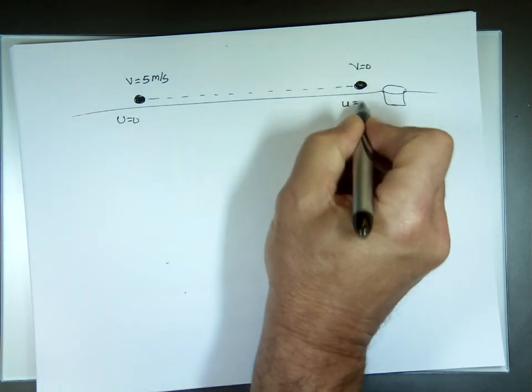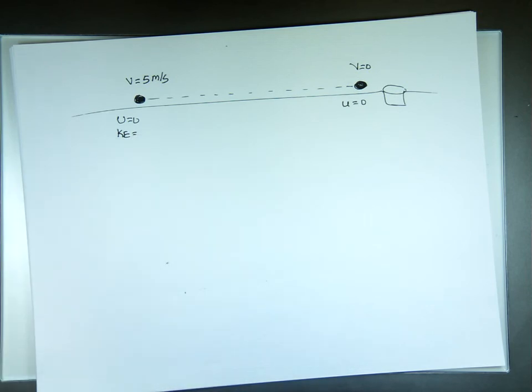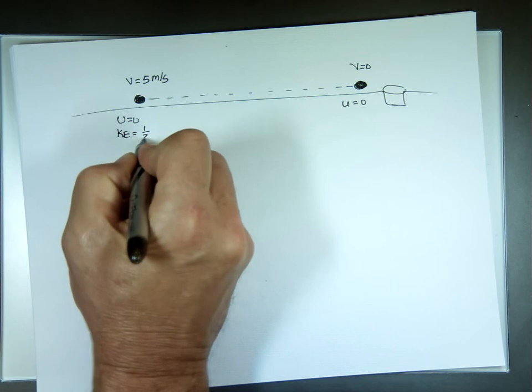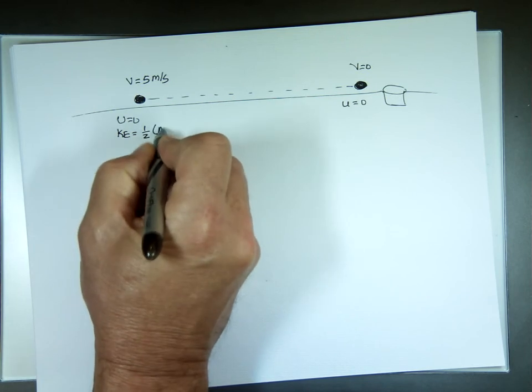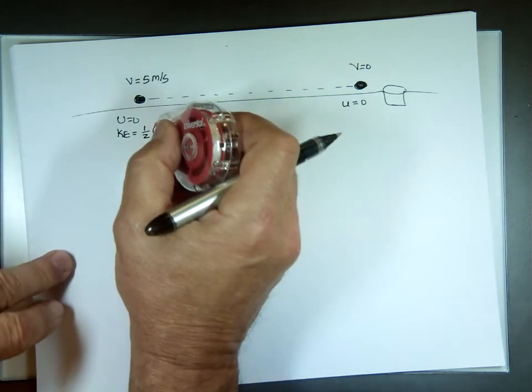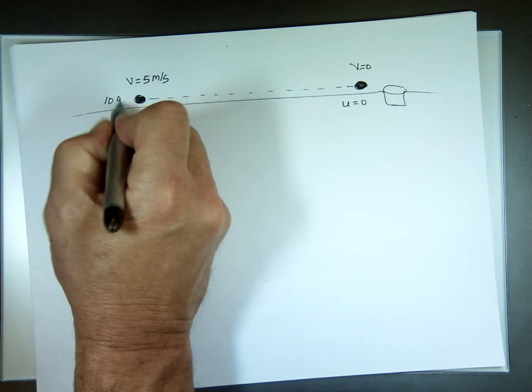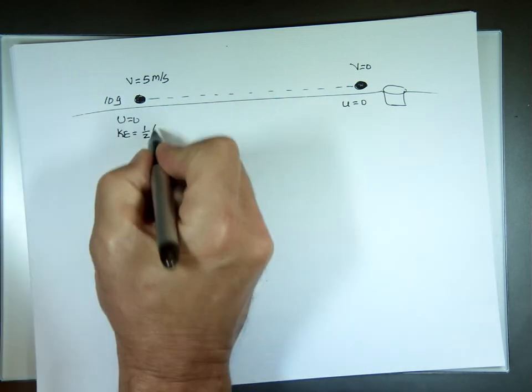What's your kinetic here? Kinetic is 1/2 the mass. I'll give it a number. I don't know the mass of a golf ball, but we'll say it's 10 grams, 0.01 kilograms.